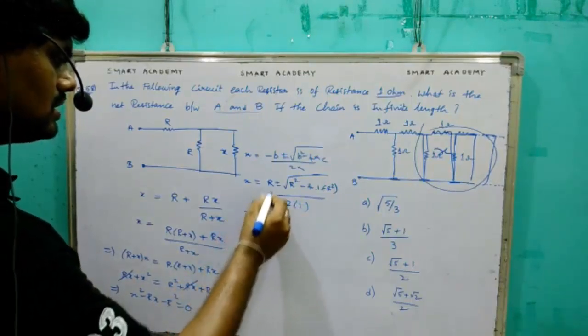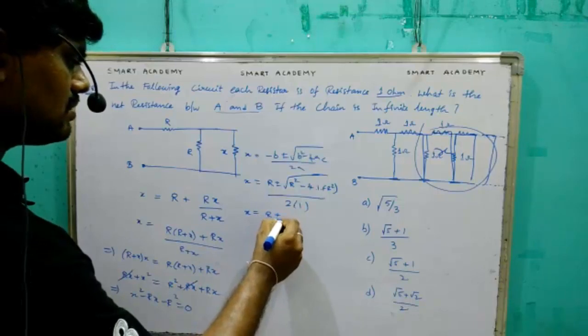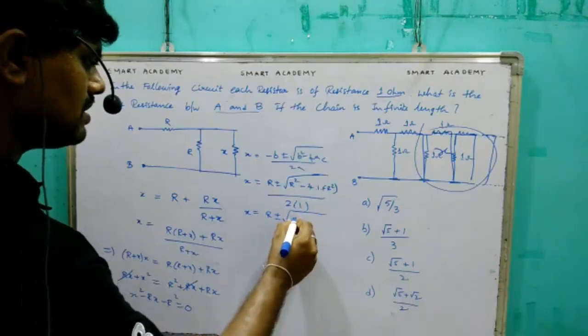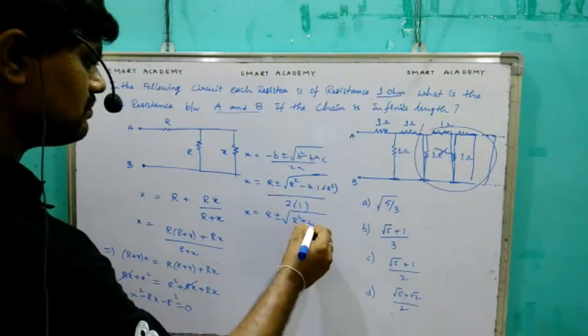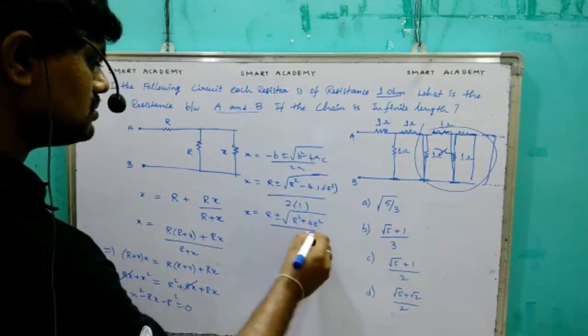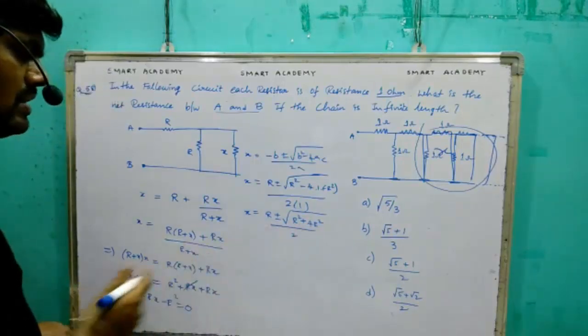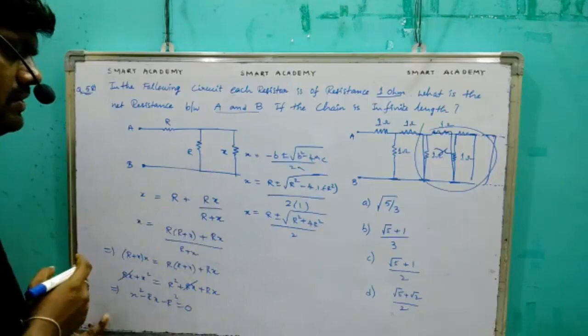Then x equals R plus or minus under root of R square plus 4R square by 2. This is the x value.